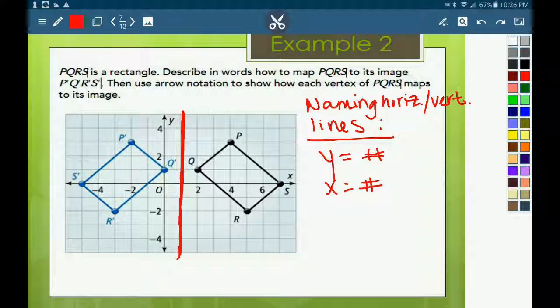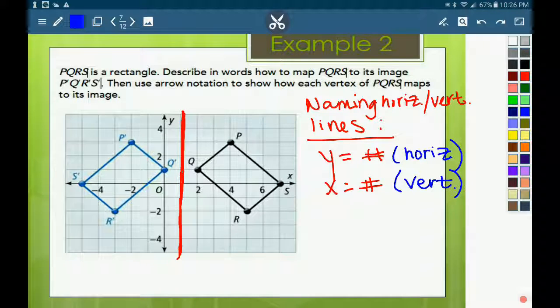It's going to be y equals a number when it's horizontal. Horizontal lines pass through the y-axis, so all of the y values are going to be that same number. Whereas if it's x equals a number, that's going to be a vertical line, because all of the x values of a vertical line are going to be the same.